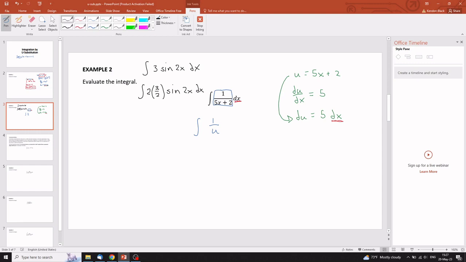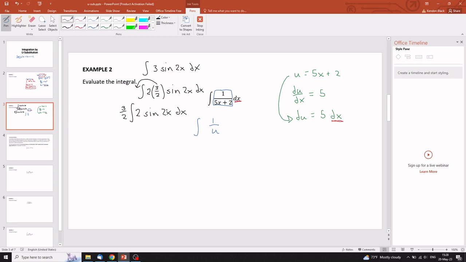The 2's cancel, we get 3. I haven't changed anything. Now all I need to do, since 3/2 is a constant, I can pull it to the outside of the integral. And now we get 3/2 times the integral of 2 sine 2x dx. And now this is what we wanted. This is actually going to work very easy for U-substitution.